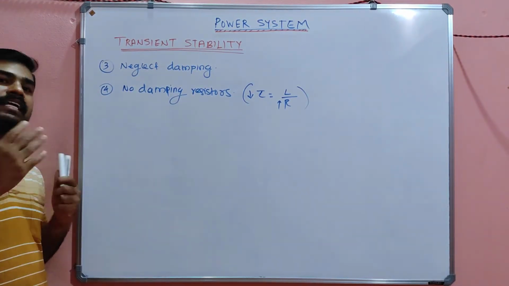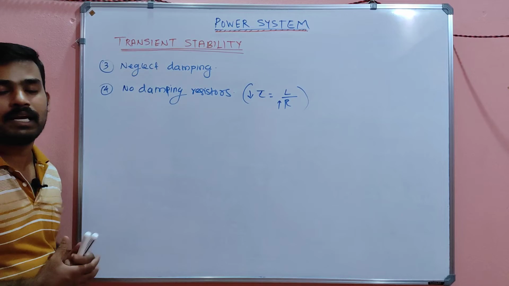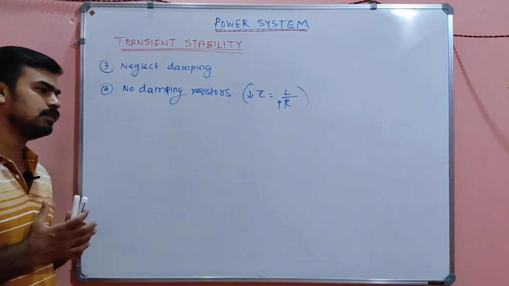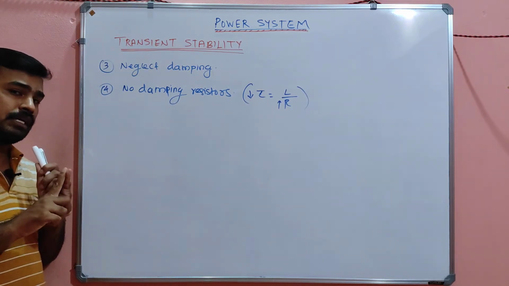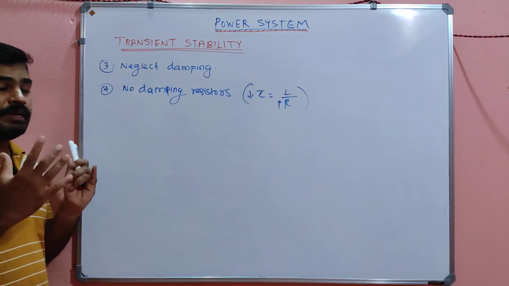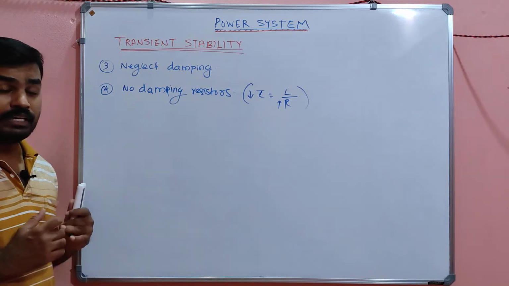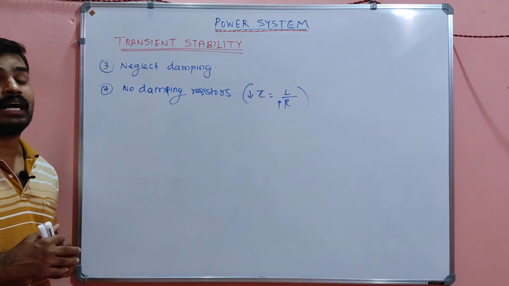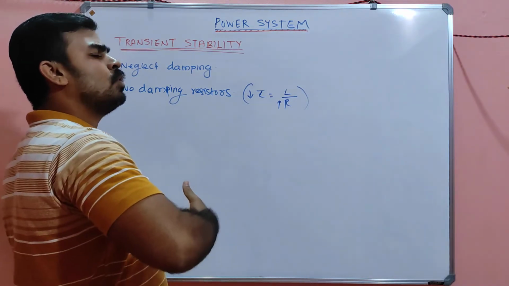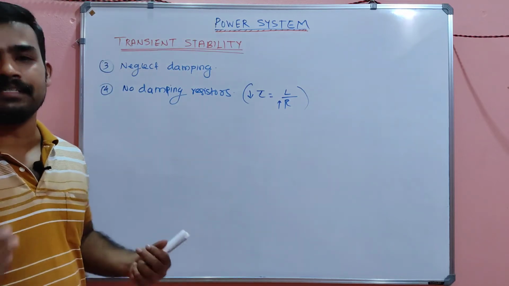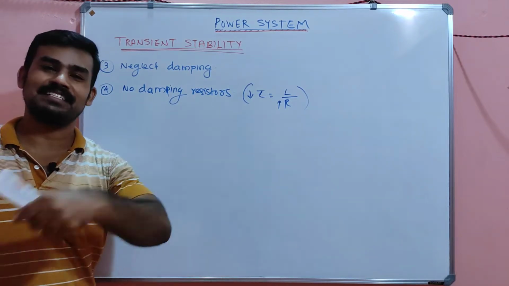If the time constant is very large, the system will take a long time to attain a steady state value. So for the worst level of analysis, should we have a very big value of the time constant tau or a very low value? We need a very high value of time constant. Then only the system will take so long to settle. If the system settles suddenly, it actually helps the stability, right?